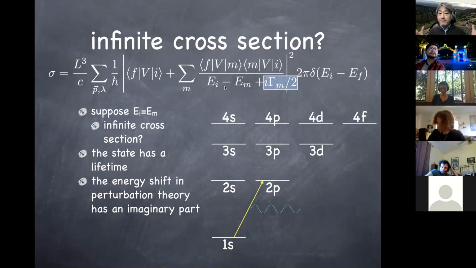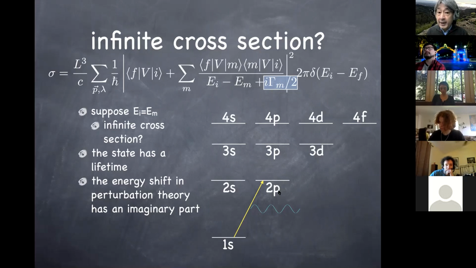So whenever you see some infinite result in a physics calculation, that is a sign that you have not thought through the problem correctly. You have to think about it, and you need to find out where you have made a mistake at the conceptual level. So in this case, the mistake I made initially, to observe this infinitely large cross-section, was that I didn't consider the fact that the 2p state is unstable.